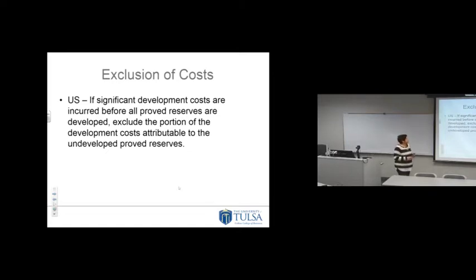Let's say I'm offshore, deep water, Gulf of Mexico. I've got a large field. I'm going to be drilling lots of wells, but I'm already producing while I'm still drilling. I still haven't finished developing the field because there's lots there. I've already started producing, but I'm still drilling development wells.